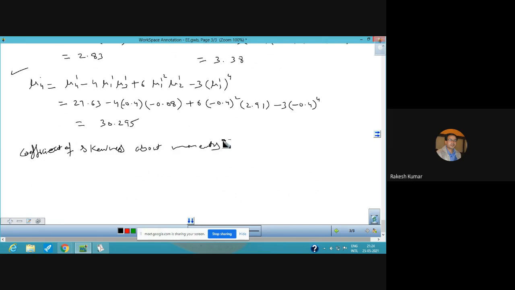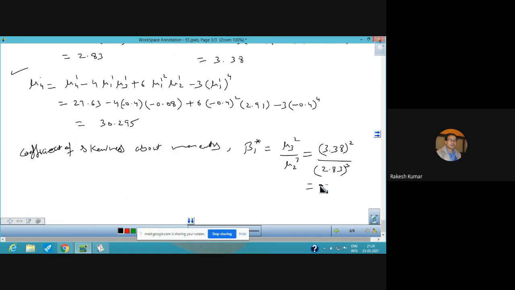And the formula for coefficient of skewness about moments is denoted by beta 1 star, that is mu 3 square upon mu 2 cube. So you can put the values: 3.38, third moment whole square, divided by second moment, that is 2.83 whole cube.